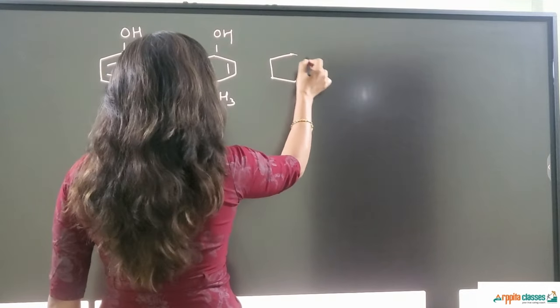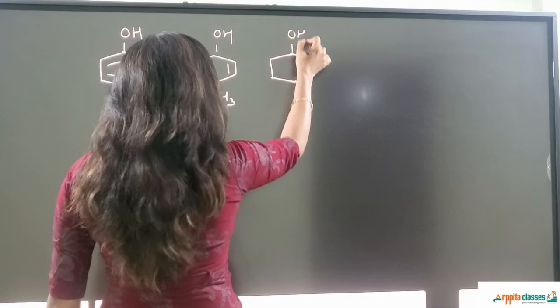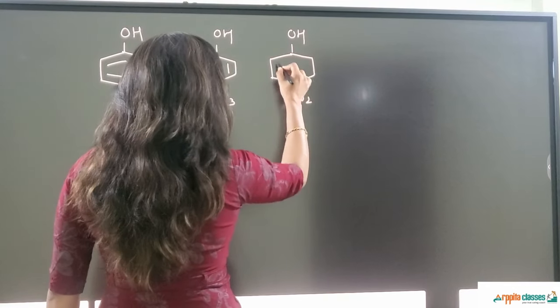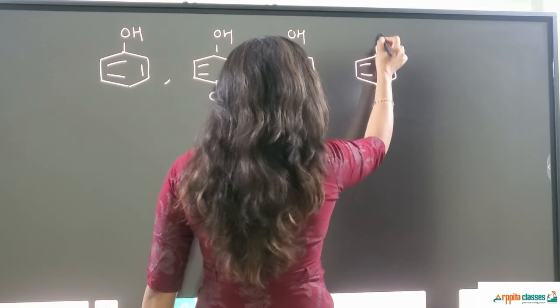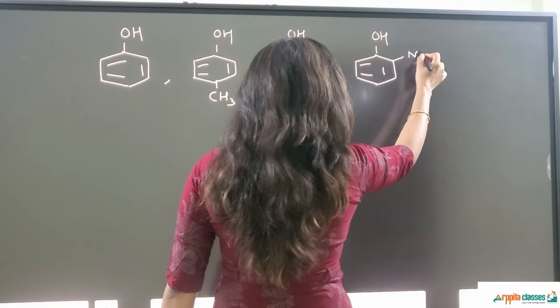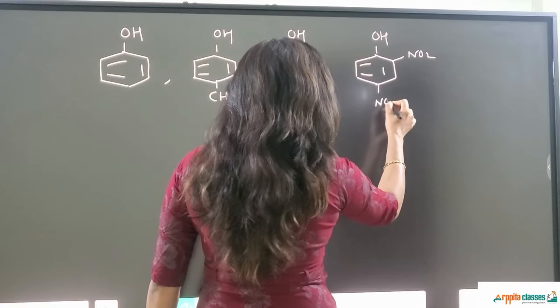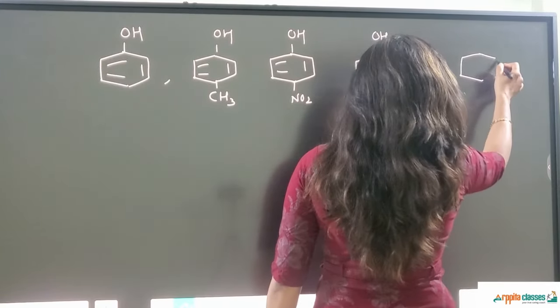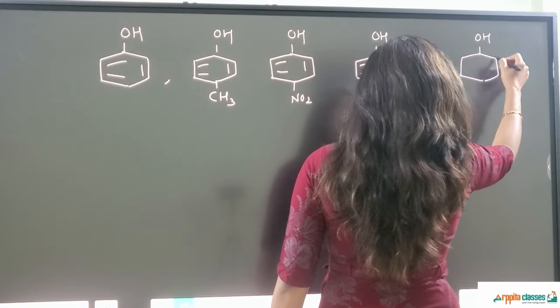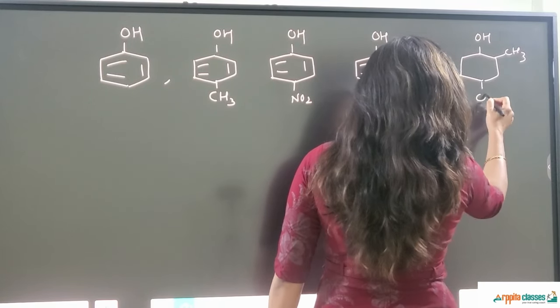Then suppose we have an NO2 group over here, and a compound where there is more than one NO2 group, and a compound where there is more than one electron donating group, CH3 and CH3.